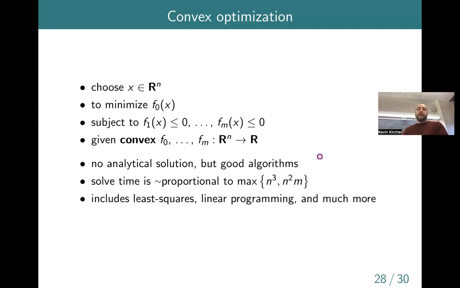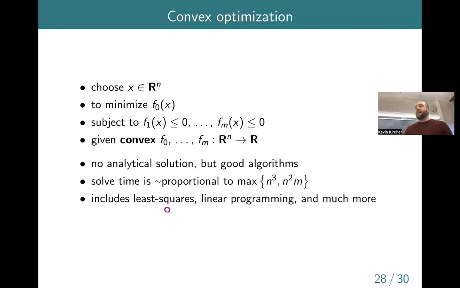Similar to linear programming in general, but there are good algorithms similar to linear programming. And the solve time is about proportional to the bigger of either n cubed, where again, n is the dimension of the decision variable, or n squared m, which is the same thing that showed up in both least squares and linear programming.